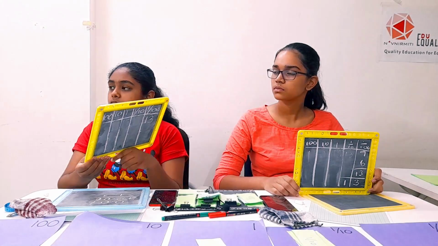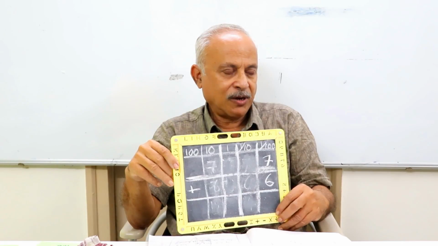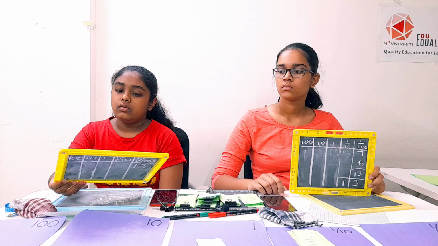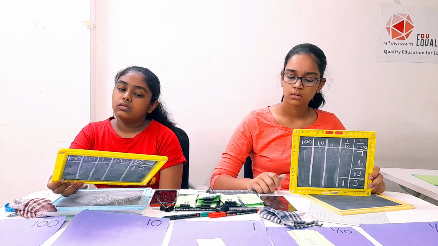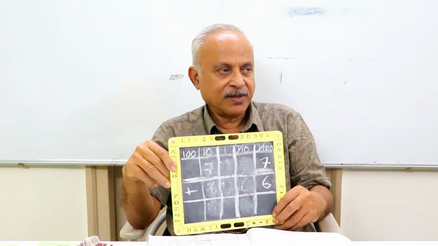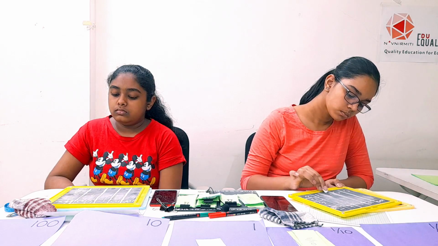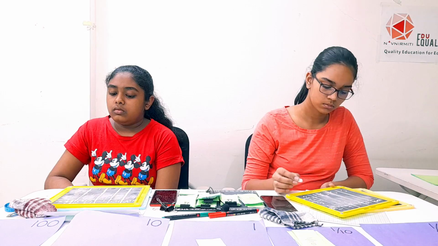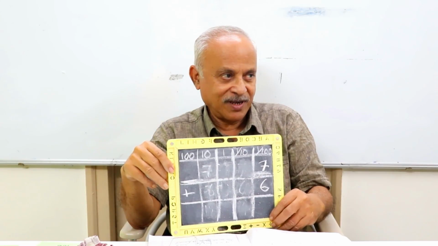Okay, now that last thing which you have written, how will you write it? What will you write in the other houses? What is there in the house of ones? 0. House of tens? 0. House of hundreds? 0. Okay, how will you write that using decimal point? 0.13, correct.